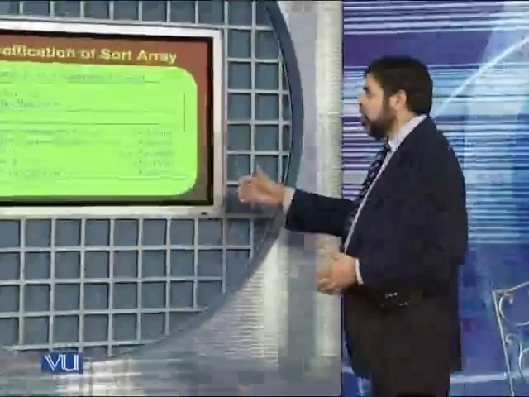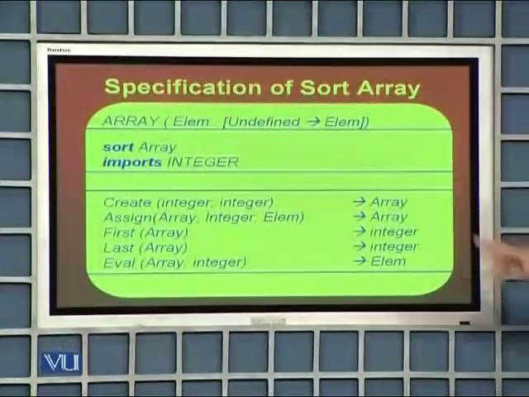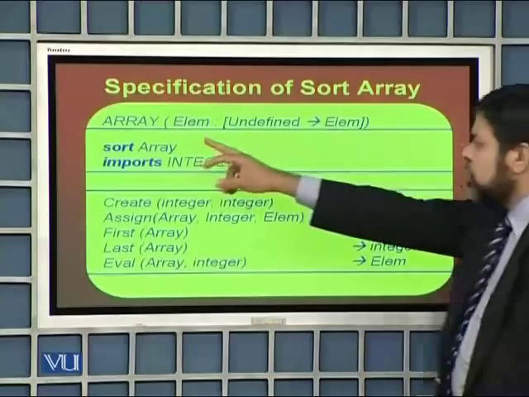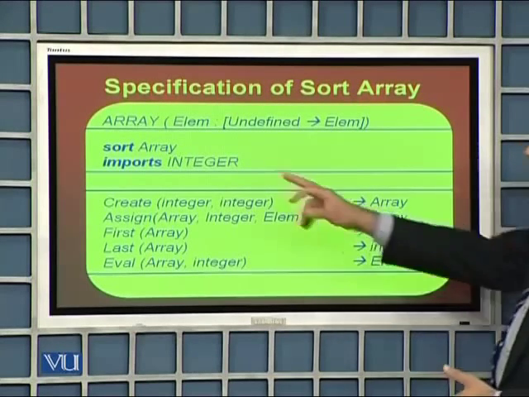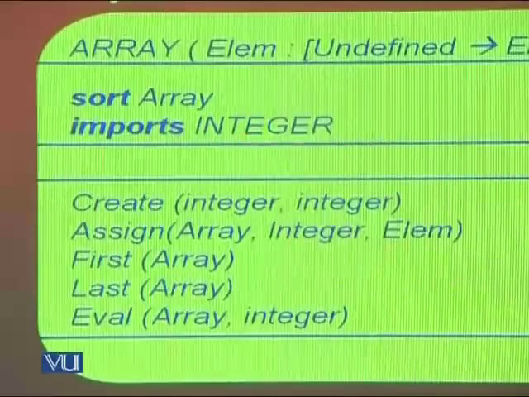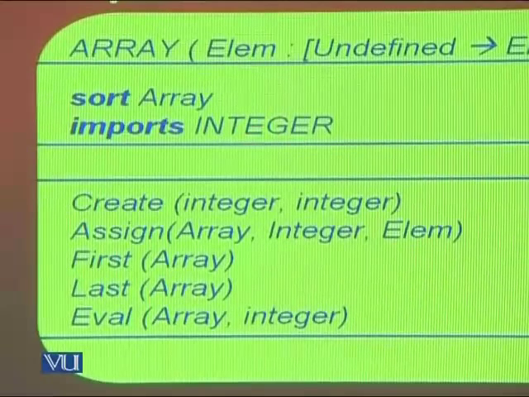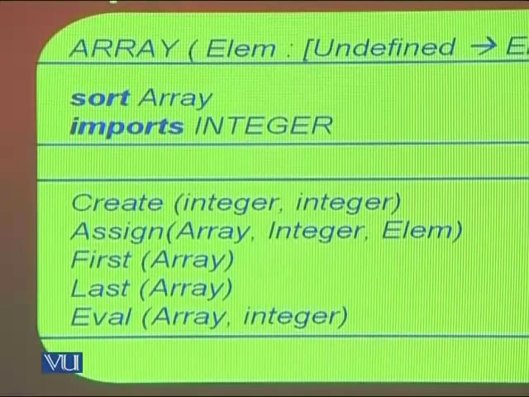So let us look at this particular example. In the specification of an array, this is the name of the specification. So we give it a name. We say this is ARRAY, all capital, and the parameter that it is going to take is element. No particular type is used here.